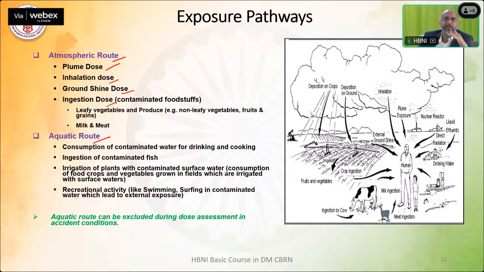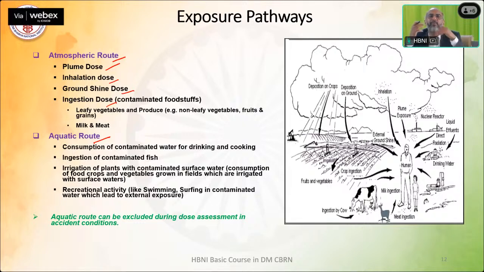So these are the various atmospheric route pathways through which an individual can get a dose. In the ingestion dose, I have already written that when you eat leafy vegetables, and milk and meat products, if these food items are contaminated, then an individual will get a certain amount of dose, and then you estimate.